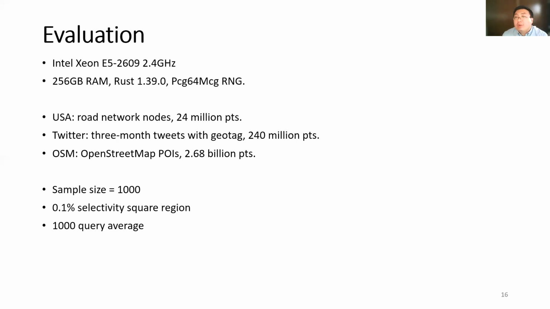By default, we draw 1,000 samples, and each query region is square-like and has roughly 0.1% selectivity.